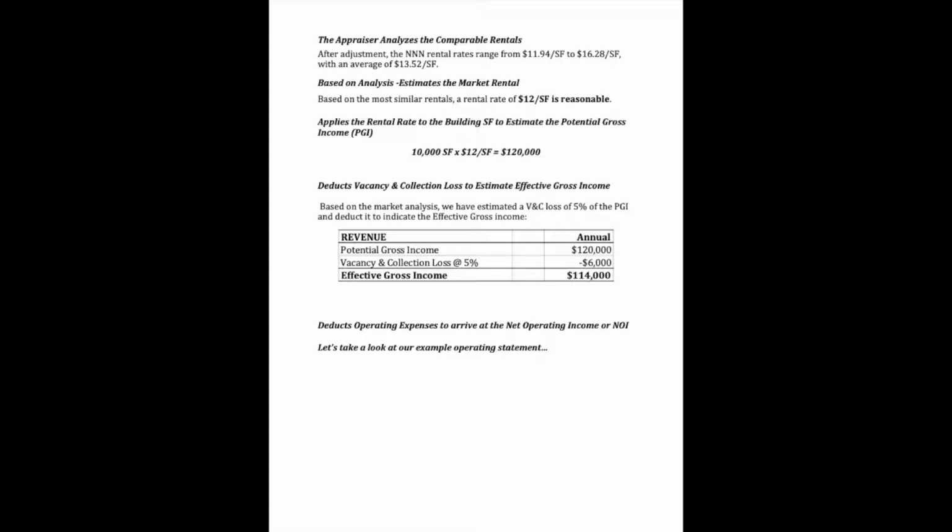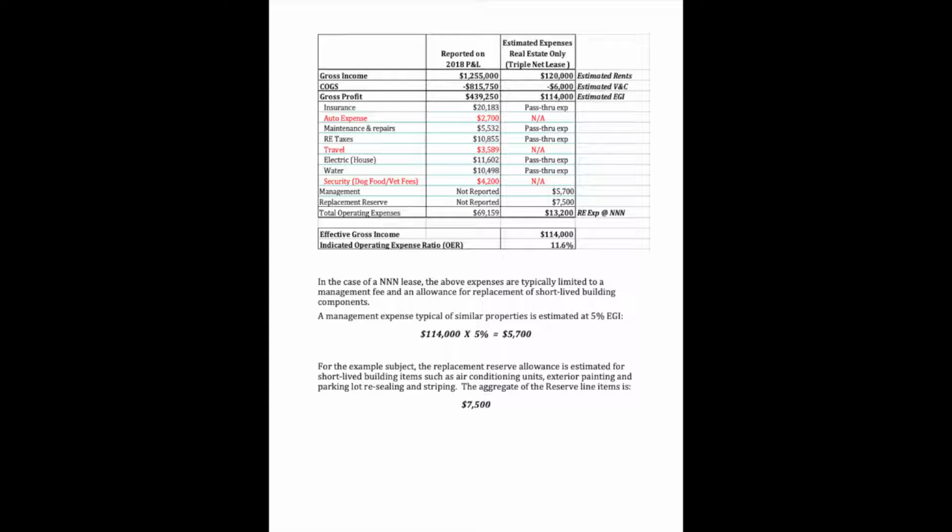You can see the table up there: the potential gross income less the V&C of $6,000 equals effective gross income of $114,000. Next, we're going to estimate the operating expenses and deduct them to arrive at the net operating income. That's the NOI.